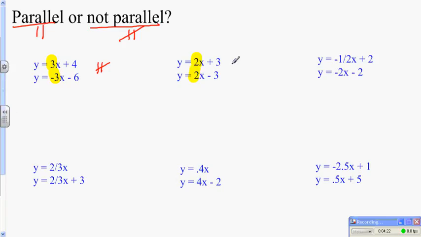Same slopes, parallel. -1/2 and -2: different slopes, not parallel. 2/3 and 2/3: same slope, parallel. 0.4 and 4: they're close, but they are not the same, therefore not parallel. -2.5 and 0.5: not the same, therefore not parallel.